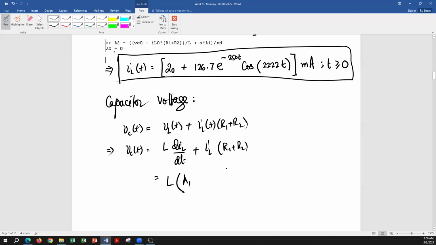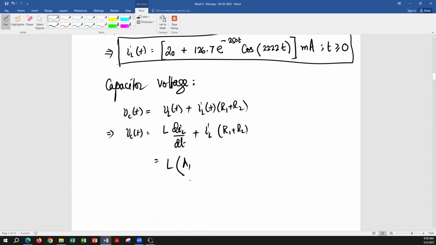So L times A1 e to the power negative alpha t, and then the derivative of the cosine, which will be negative omega d sine omega d t.